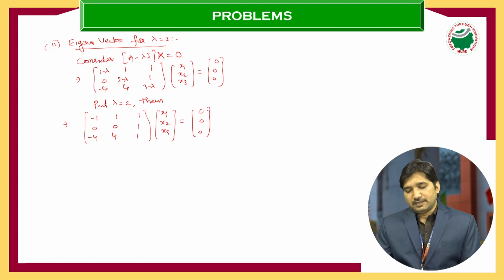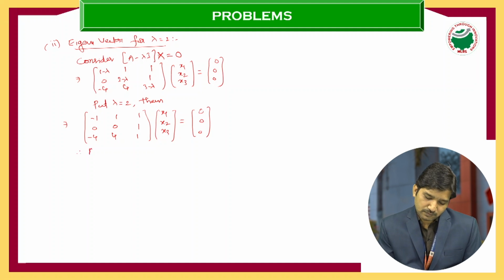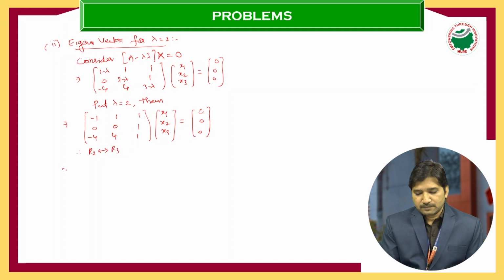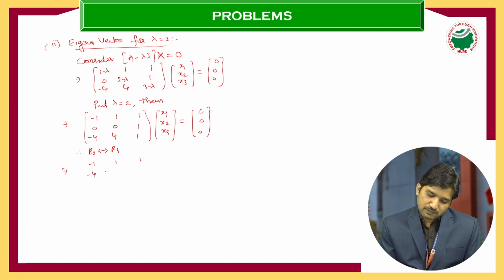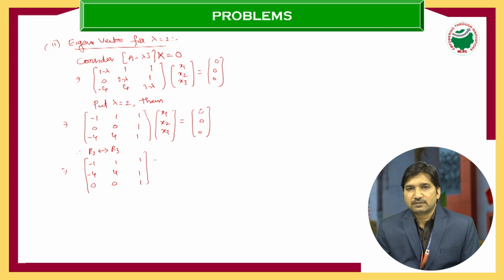Just interchange rows R2 and R3 for our convenience: minus 1, 1, 1; minus 4, 4, 1; 0, 0, 1.